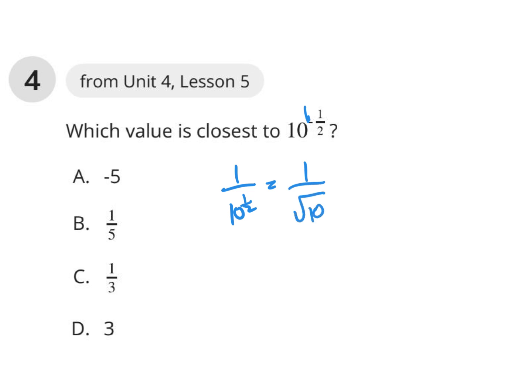And the square root of 10 is 3 point something, and then 1 over 3 point something is about 0.3 something. So the closest number to it is 1/3.